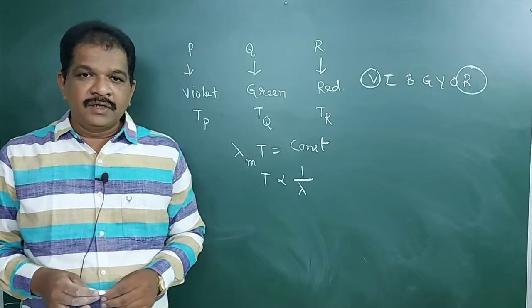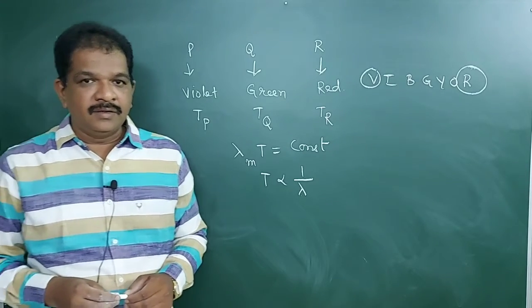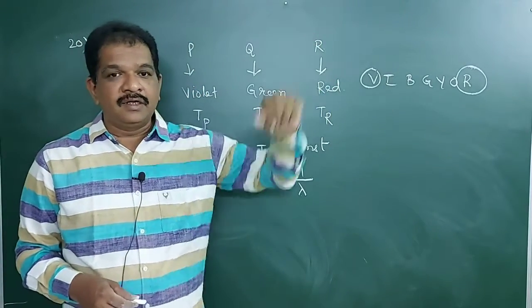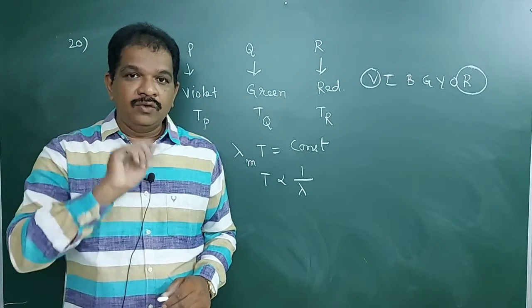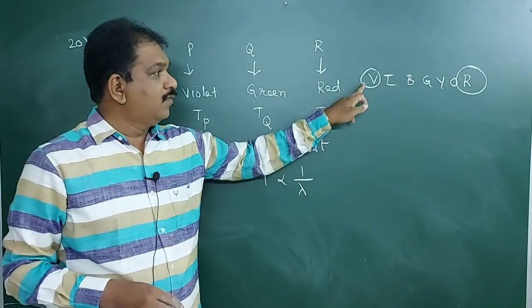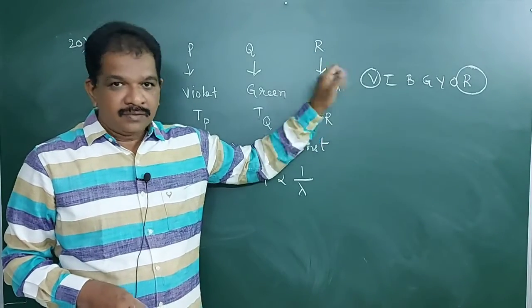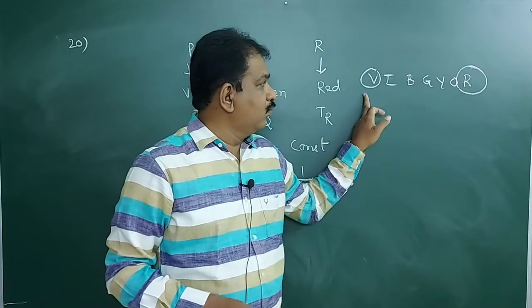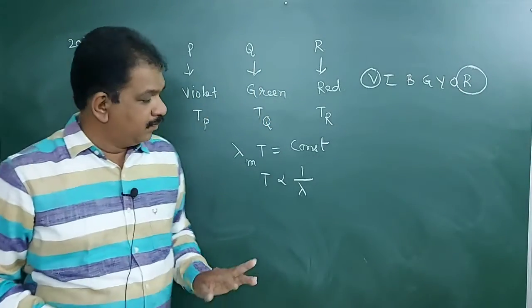Why do we use red color for a danger signal? Because the red wavelength is more, so even from far away we can view the red color. We can't view the violet color. That's why red color wavelength is more. Remember it in that manner.